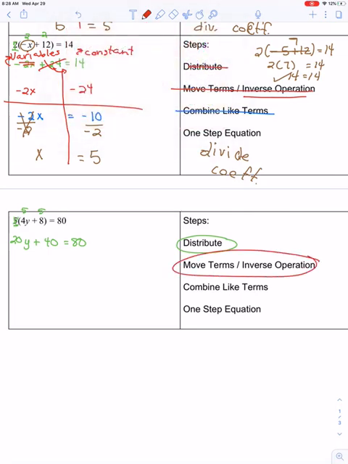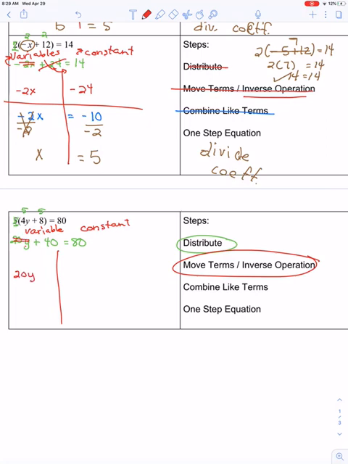Now we're going to move terms, or inverse operations, opposites. So here's my balancing. This is my variable side. This is my constant side. Okay, so go through each term. 20y has the variable, so it's going to stay put.